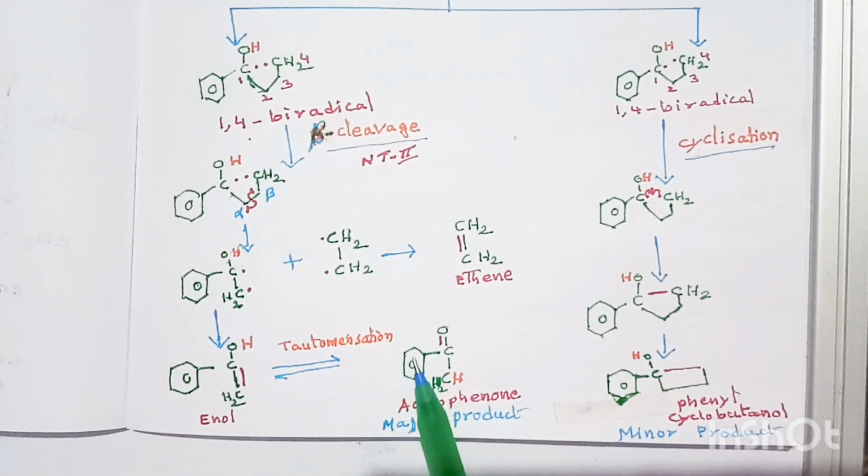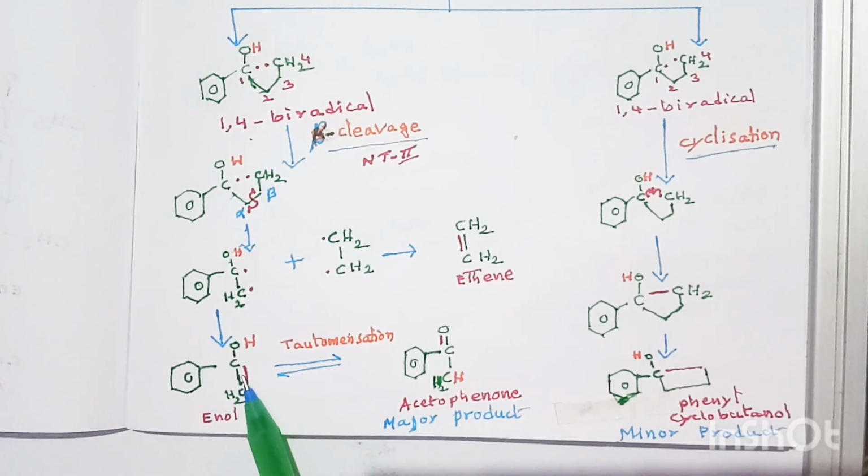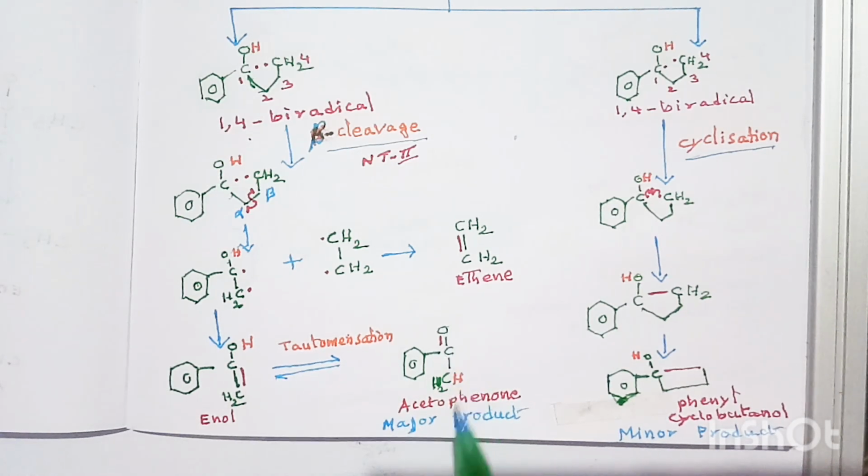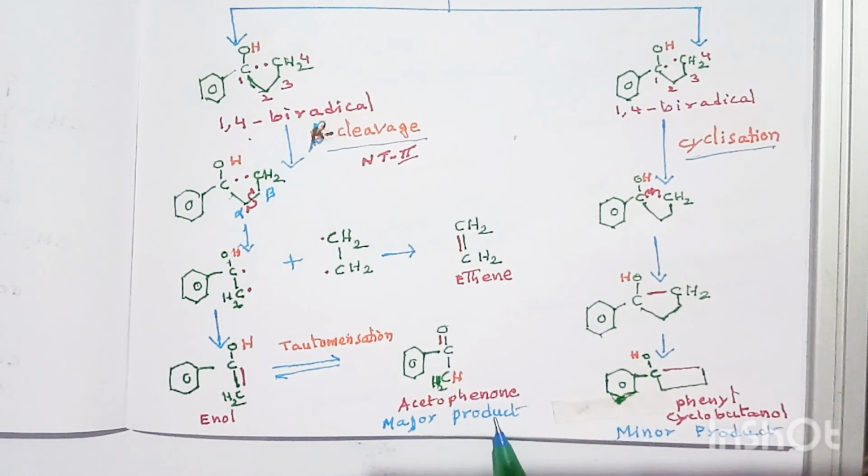As a result, we get C6H5, C double bond O, CH3. The double bond will shift here between carbon and oxygen. So we get acetophenone. This is the major product.